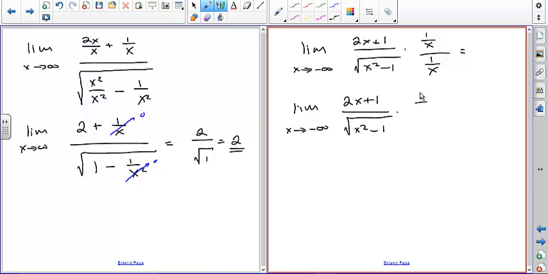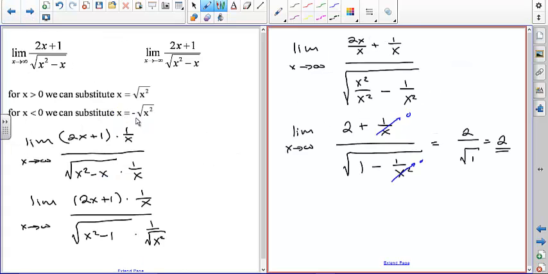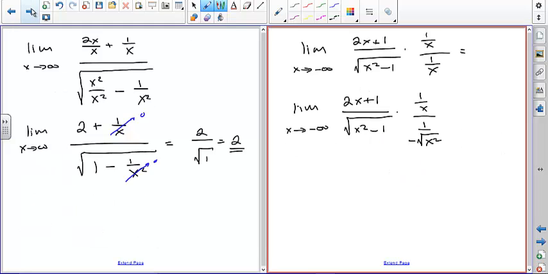So here, this is still 1 over x. This is going to be 1 over negative the square root of x squared. So what I've done is I've used this substitution right here: x is equal to negative the square root of x squared because x is less than 0.